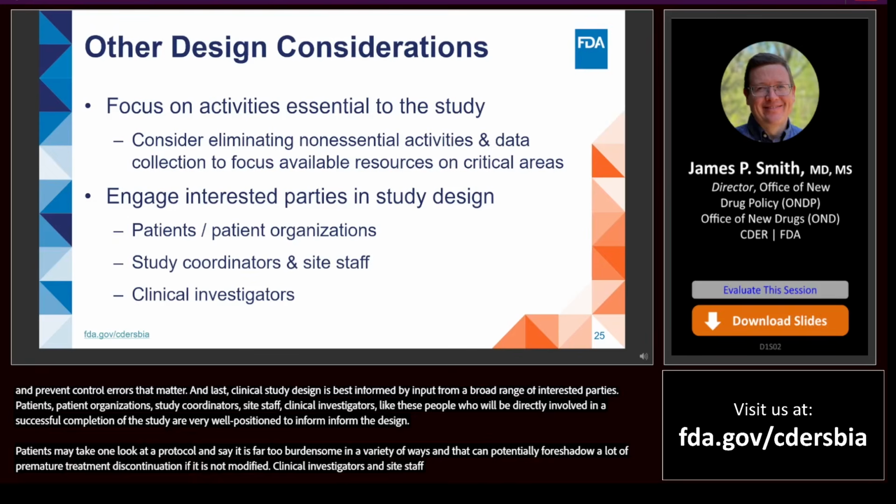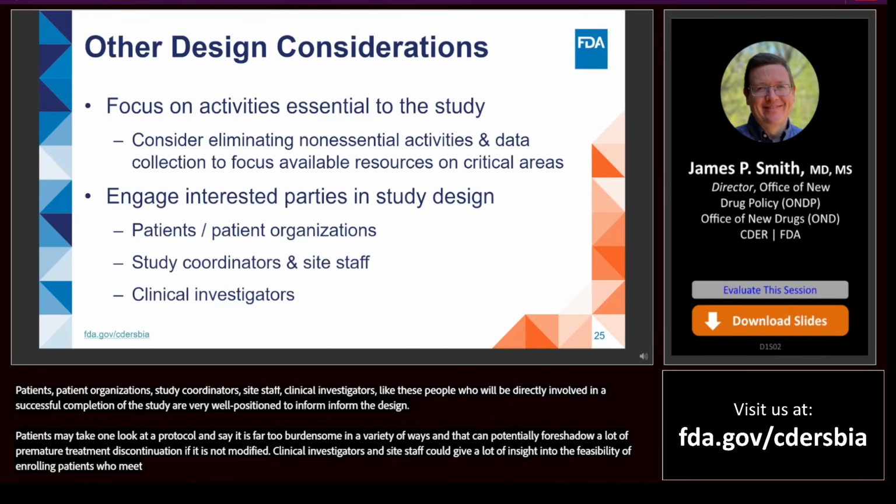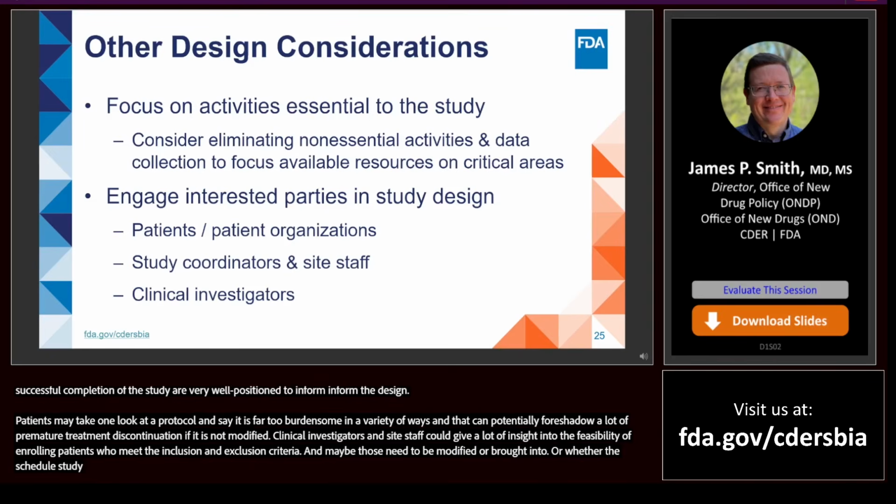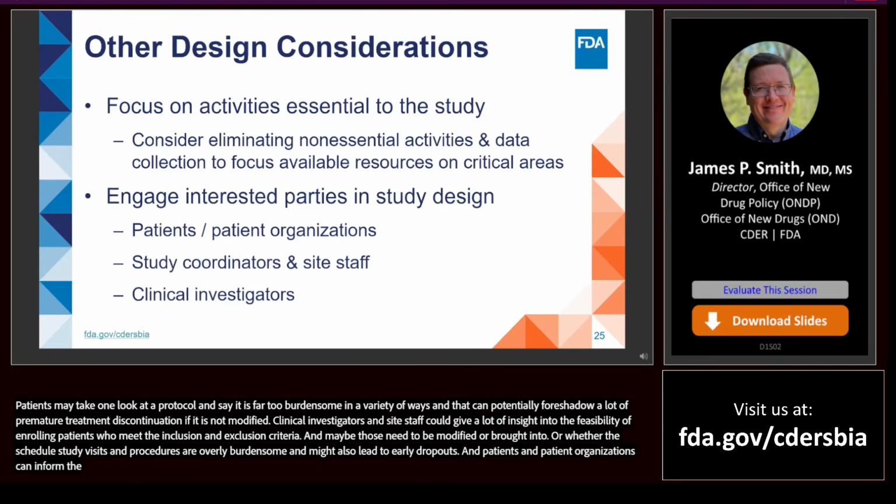Or whether the scheduled study visits and procedures are overly burdensome, and might also lead to early dropouts. And patients and patient organizations can inform the general relevance of study endpoints, study settings, among other things. So seek this information out and really consider using it to optimize the design of the study.